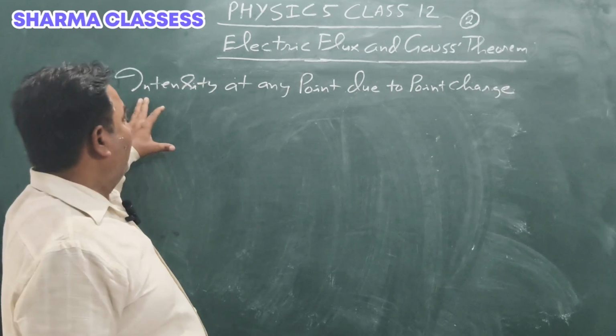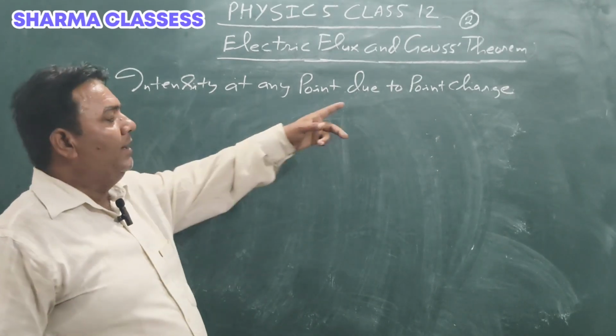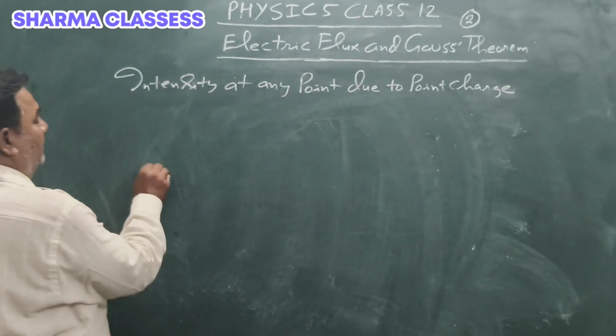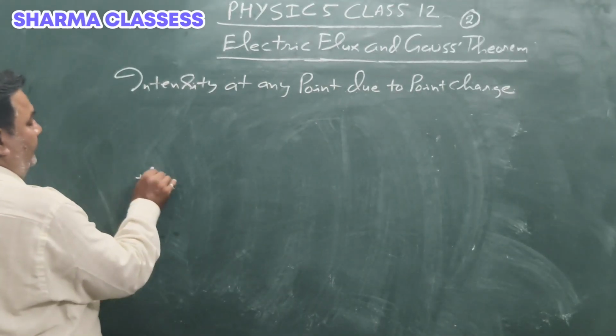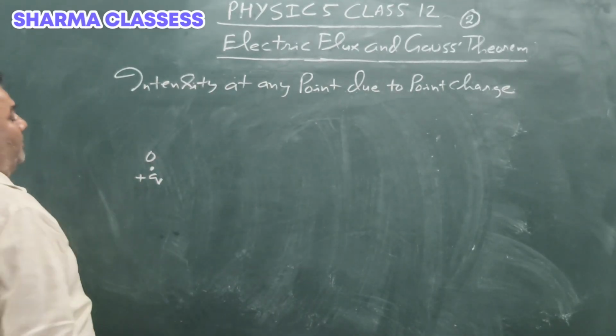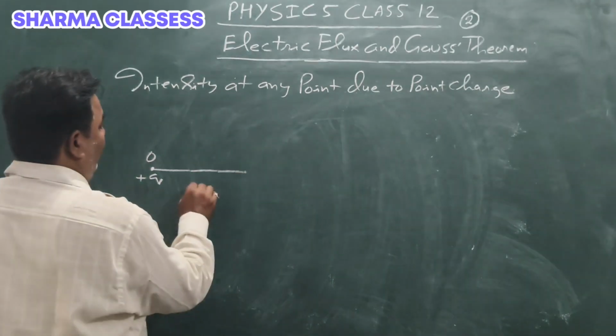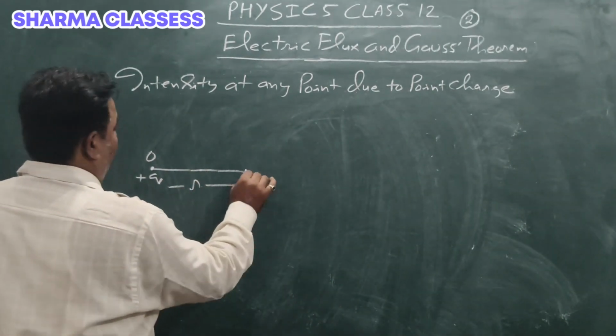But now we find out the intensity of electric field at any point due to a point charge by the Gauss theorem. Suppose this is a point charge q situated at point O, and we have to find out the intensity of electric field at r distance from it, at point P.